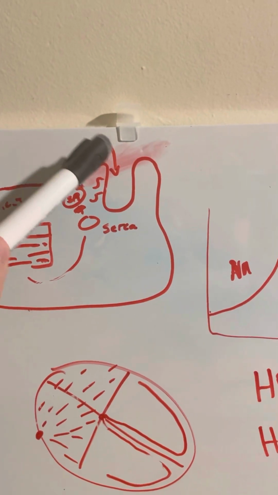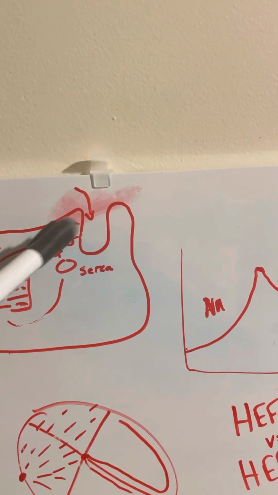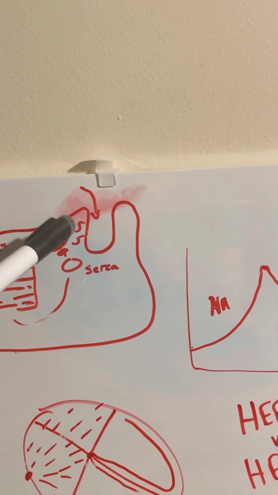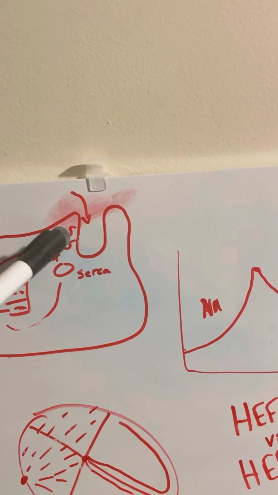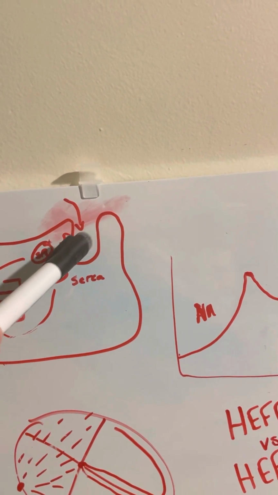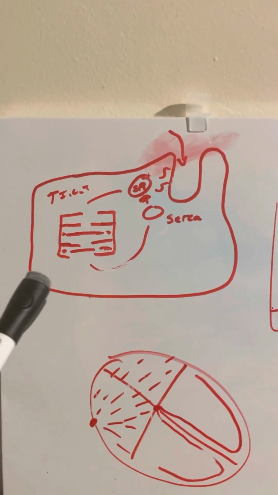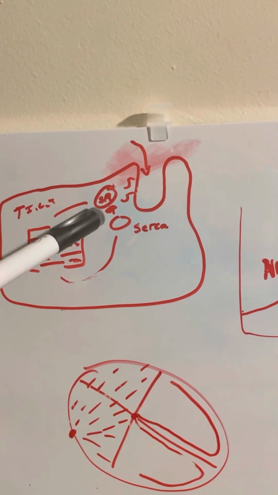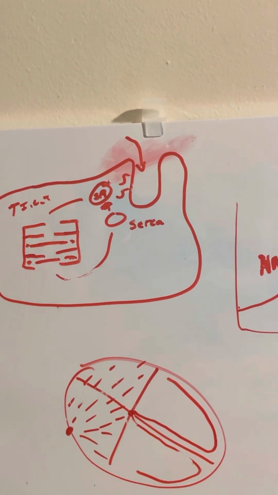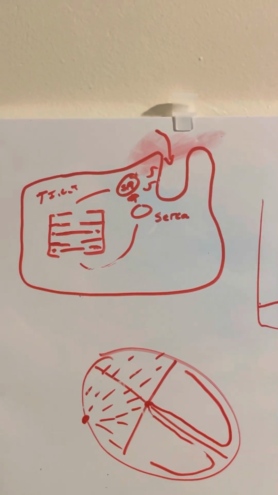Calcium is going to come down here into the T-tubule and get sensed by these little feet, and these little feet are going to tell your SR that we need calcium. We have calcium out here, we need calcium in here so that we can contract. SR is going to be like, hey, okay, I have calcium, I'm going to push it to the sarcomere.